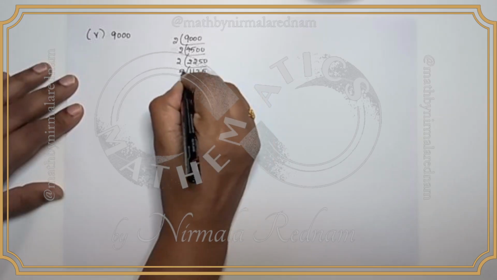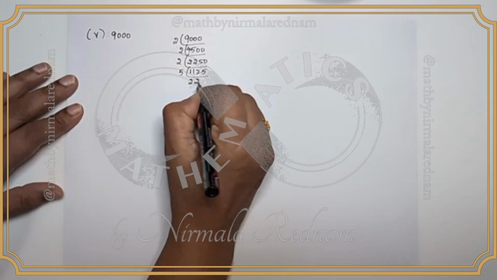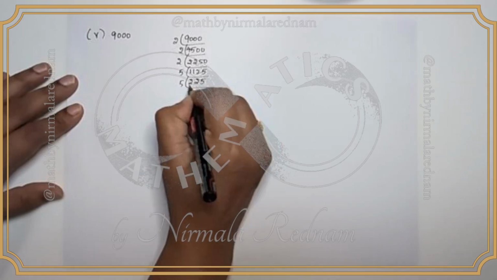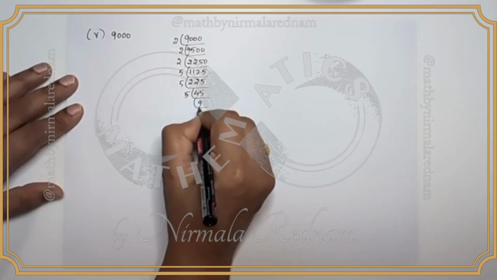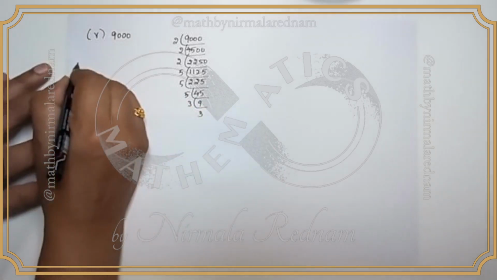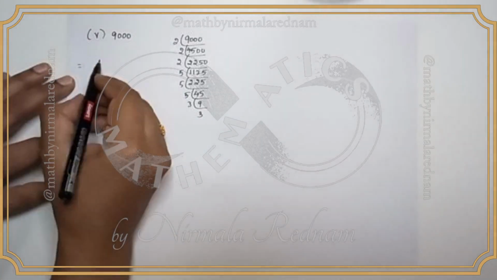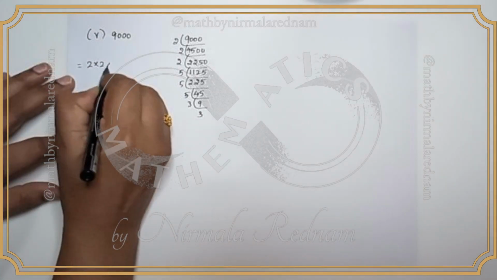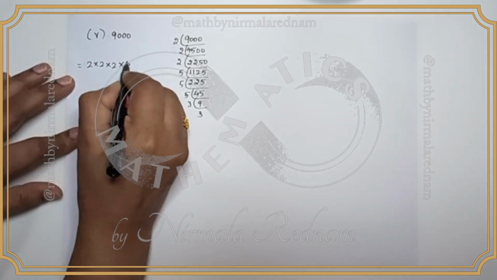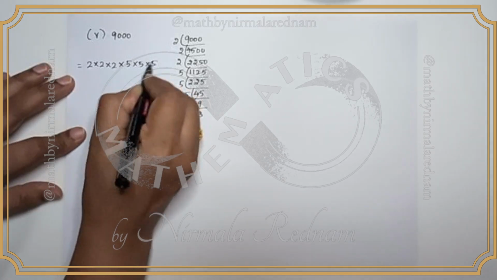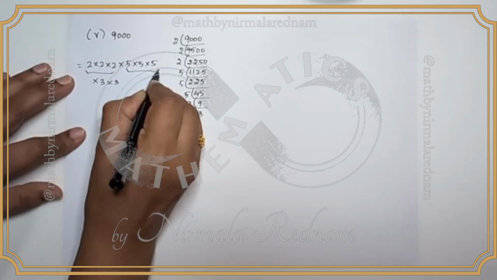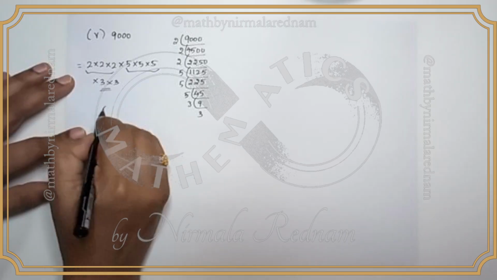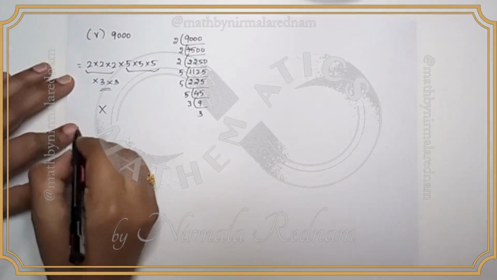And now I'll go to 5. 225, 45 and 2 3's. Therefore here I have only 2 3's. Okay. So that is going to be a problem. And so it is not a perfect cube.